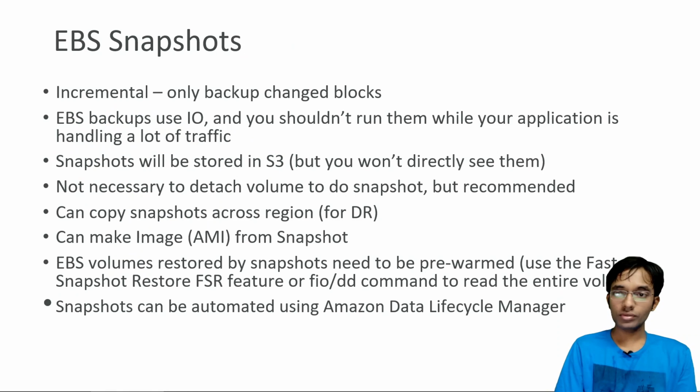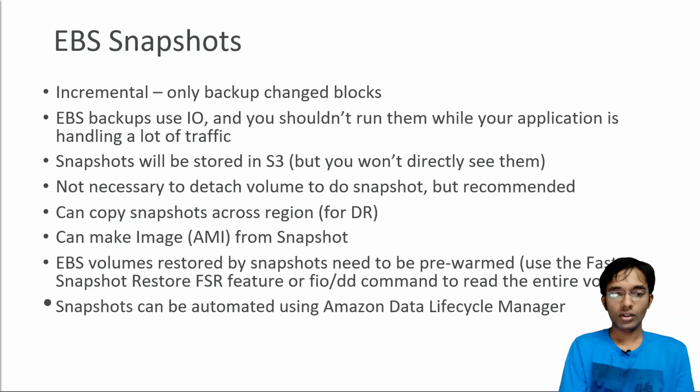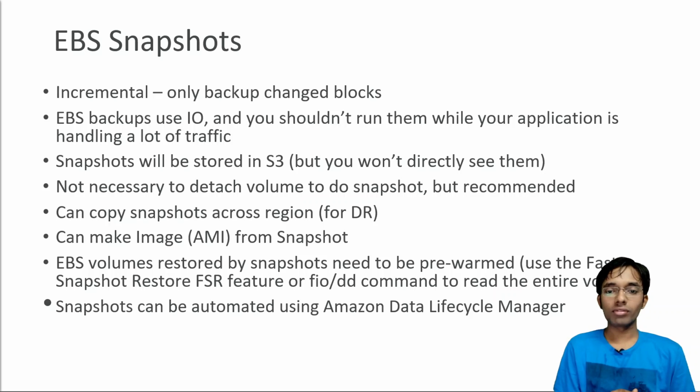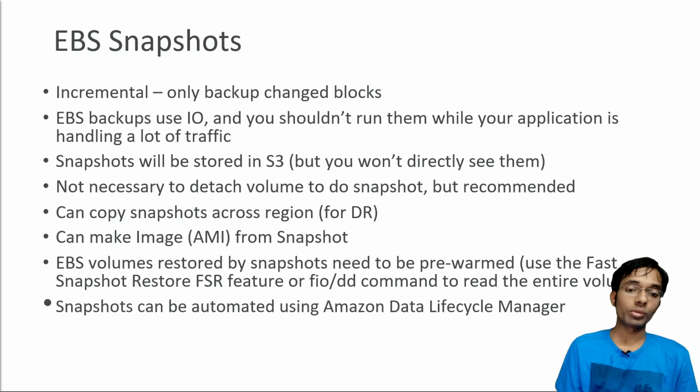Okay, now snapshots are very helpful to transfer an EBS volume between availability zones, and they are incremental. Behind the scenes, only changed blocks will be backed up. The backups will use IO, because the volume is going to be read by AWS, and if you are running an application that is also handling a lot of read traffic on top of your backup, then you may experience decreased performance.